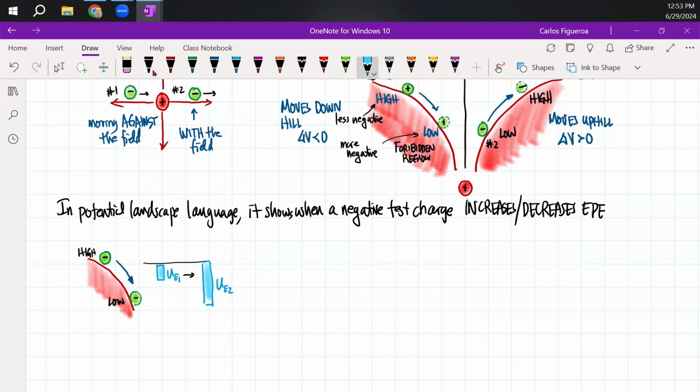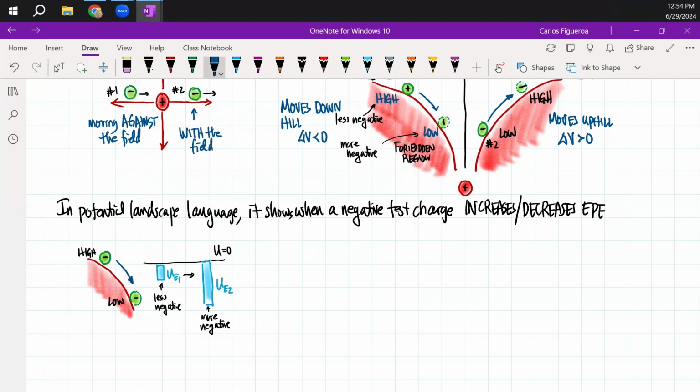So we've got to be careful here. Look at the bars. Remember, this is less negative, this is more negative, where up here we set the potential equal to 0.